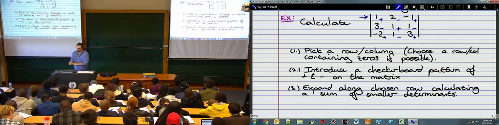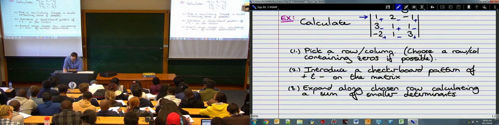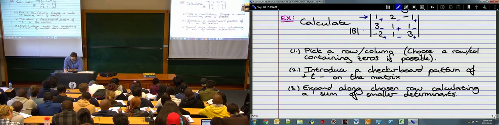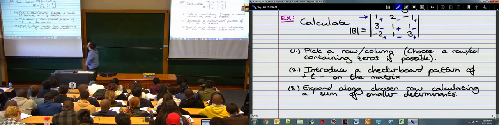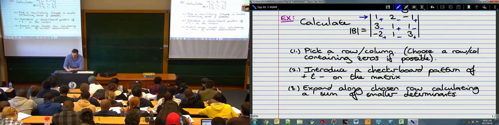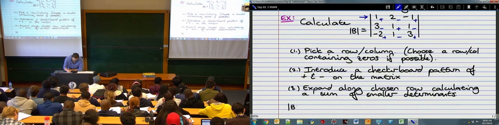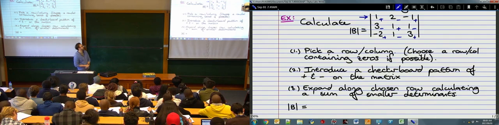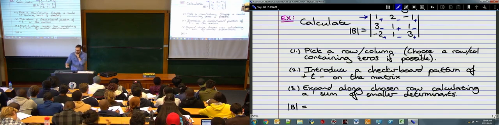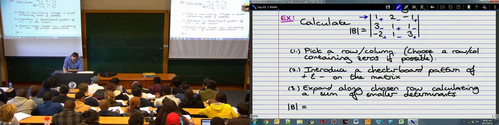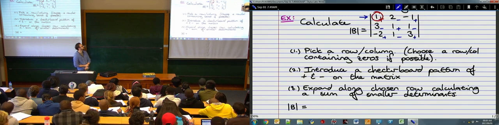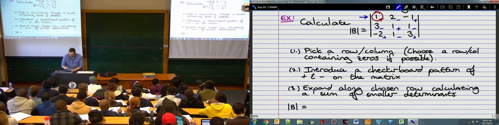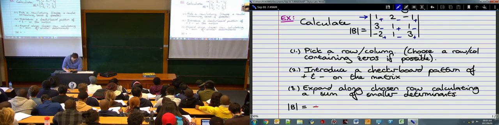So let me show you how you do this. So maybe let me call this matrix, that was the determinant B. So the determinant of B, you've chosen to expand along the first row. So you take a look at this first entry, and we see that there's a plus over there. So we write down plus 1.